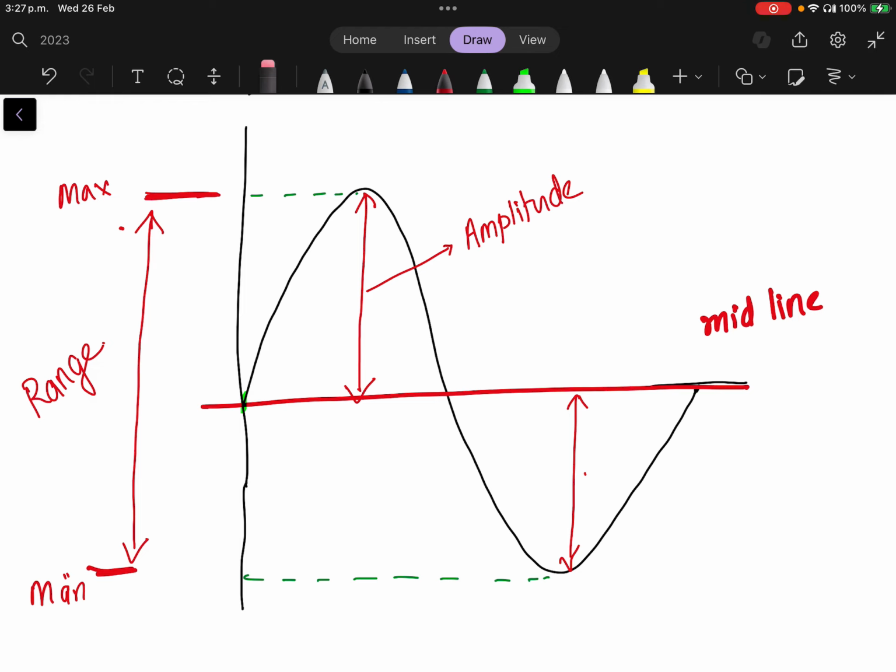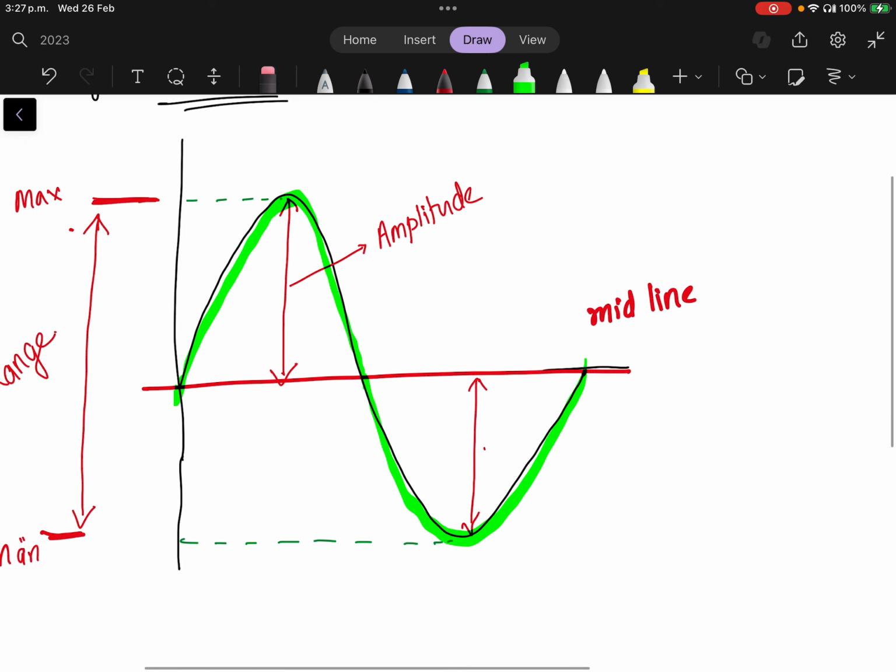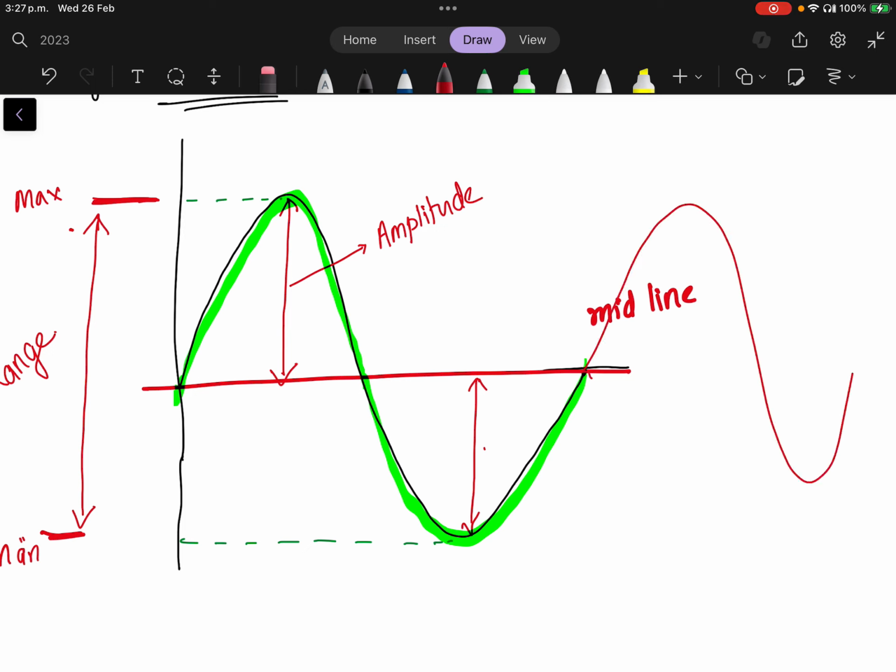Now the last thing is the period. As I said, this graph goes from 0, or the midpoint, to the top, then it comes down here, then it goes negative here, then it comes back. This completes one cycle of the graph. Again, it might repeat after this, it might go on like this.